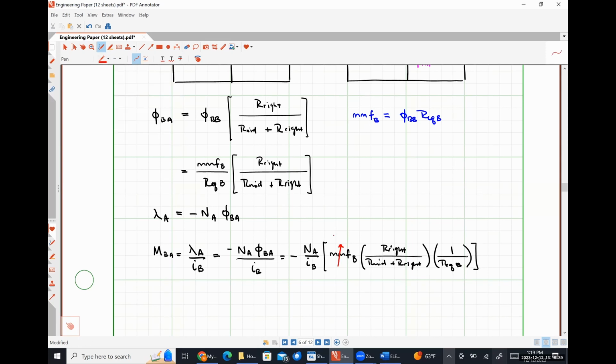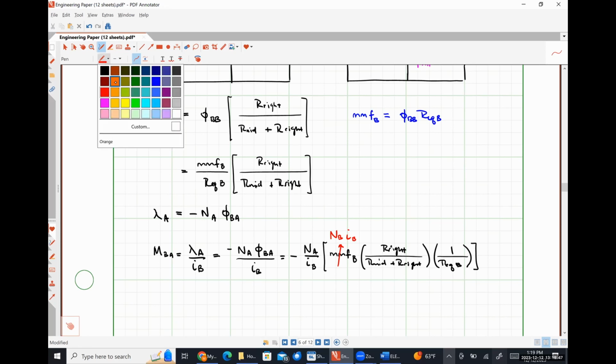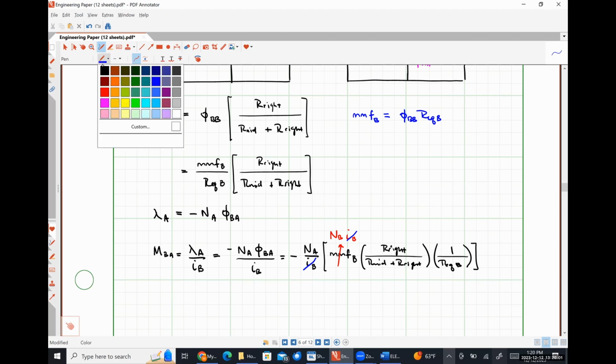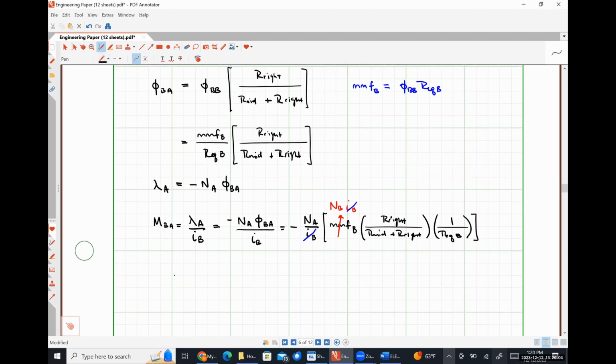So this bit right here can be replaced with NB times IB. And from that, this IB and this IB cancel each other out. We never knew the current, so now we got rid of something that we don't know. And we have everything expressed in terms of something that we do know, right?